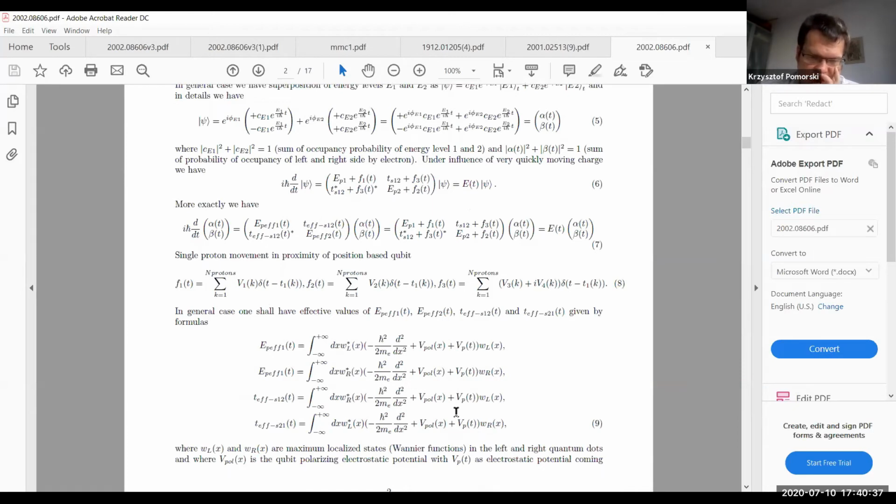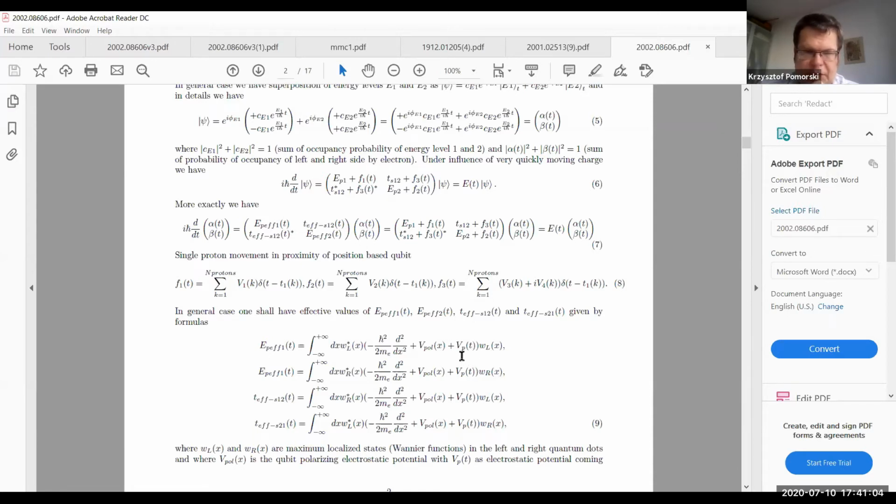So just to give you some view, if we refer now to the Schrödinger picture, this AP1 is dependent on the Wannier function of the left quantum dot, the maximally localized wave function.